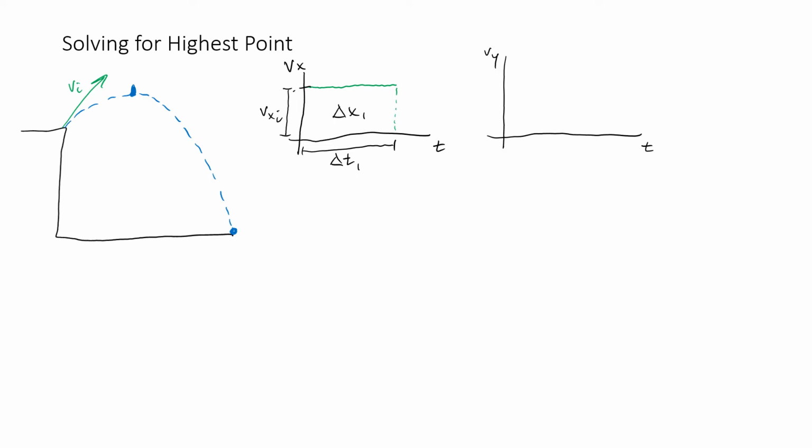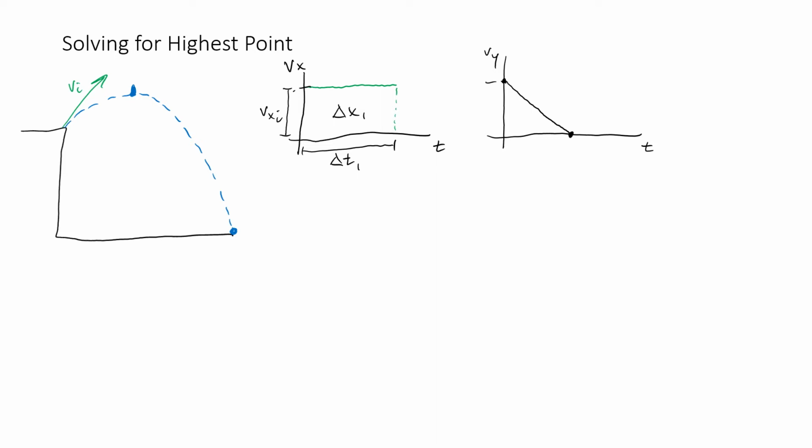We see that the ball is initially moving upward, so we're going to start at a high value on the y-axis. Gravity is going to slow it down so that vertically speaking it's declining, eventually coming to 0. And we know that at the highest point the y velocity will be 0. Not necessarily the x, but at least the y velocity will be 0, so we'll be able to draw a graph that looks like this.